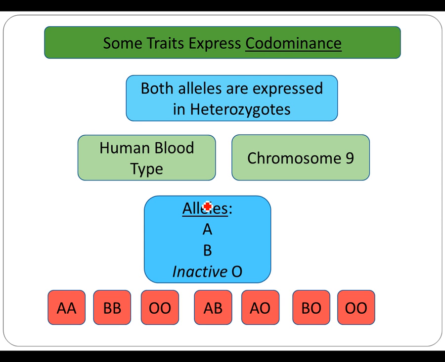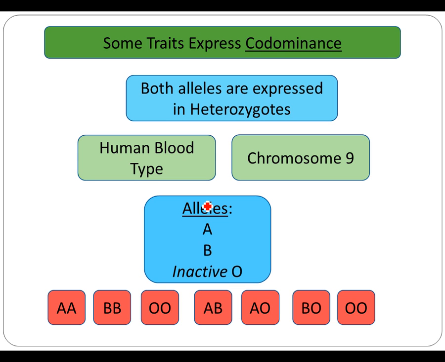Type O people can give blood to anybody, but can they receive blood from anybody? No, because anybody else can have an A or B allele, which their body would attack. They can only give O and only receive O. Somebody with blood type A could receive type A or type O blood.